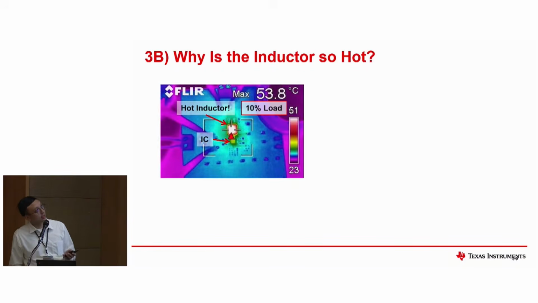Okay, so next, for the inductor selection part, this is the second part. In this thermal image, you could see that this is the IC, and this is the inductor. You see all of the heat is going into the inductor. It's reaching up to 53.8 degrees C. So any reason why you think this inductor is getting too hot in the design?